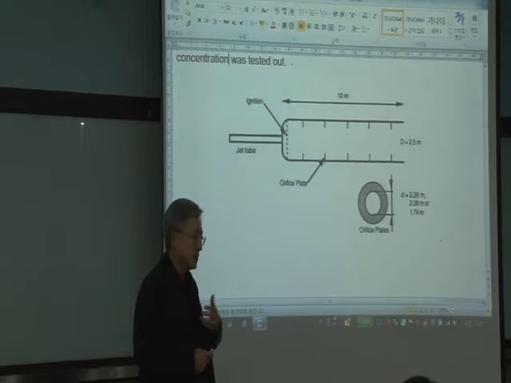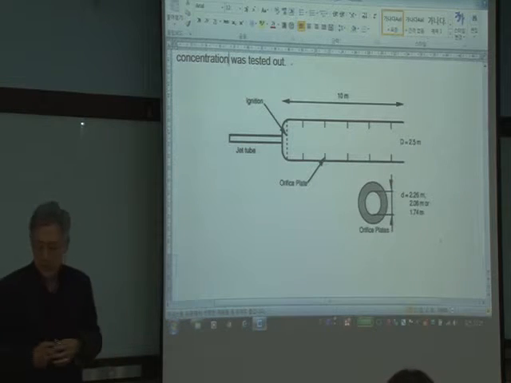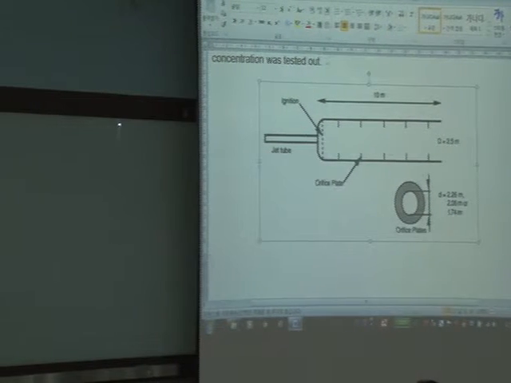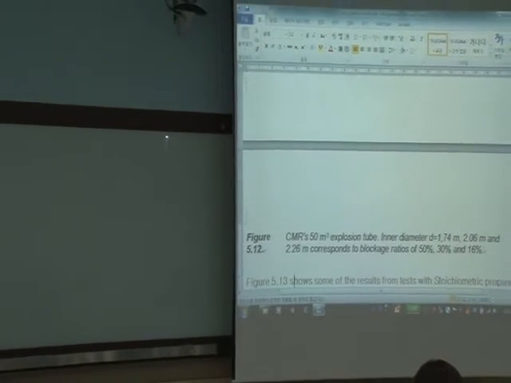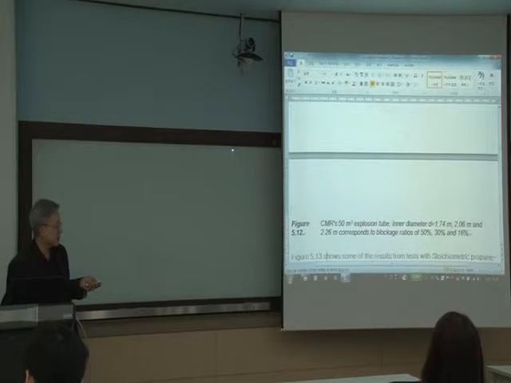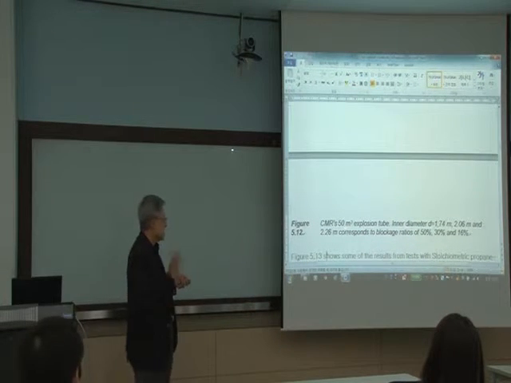So of course the velocity is going to change, things like that. And there are lots more parameters you have to think about, such as what type of fuel you are going to use. It looks like the experiment was done by CMR.